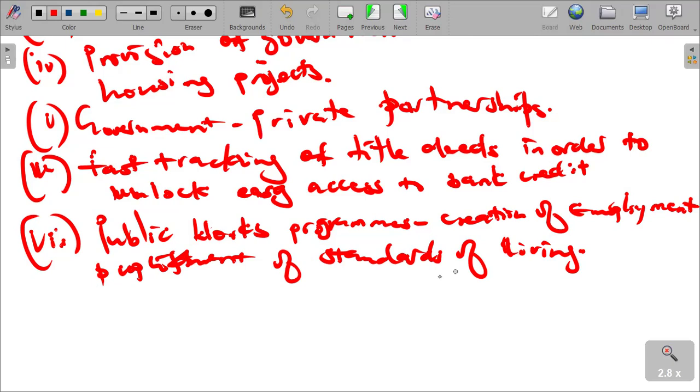When standards of living of people have improved, these measures have also helped in terms of this.